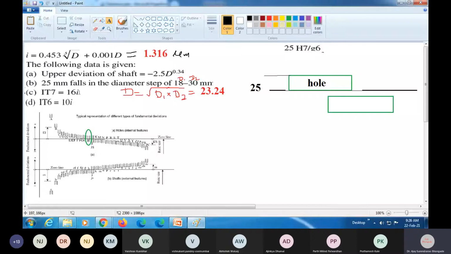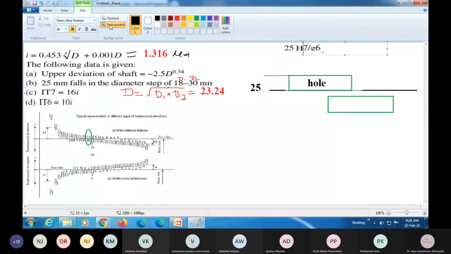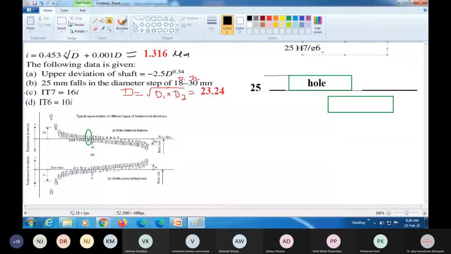Now what does this 7 indicate in this case? I need to work out what is the upper limit of the hole now, right?